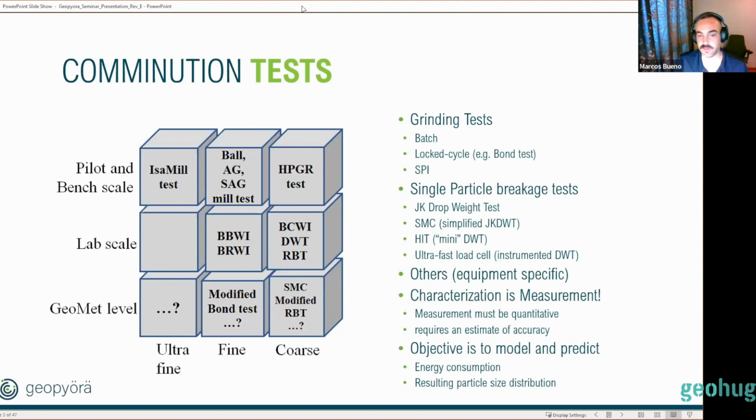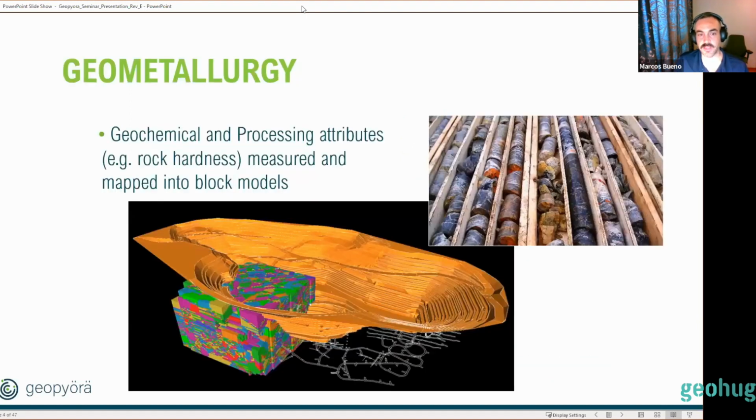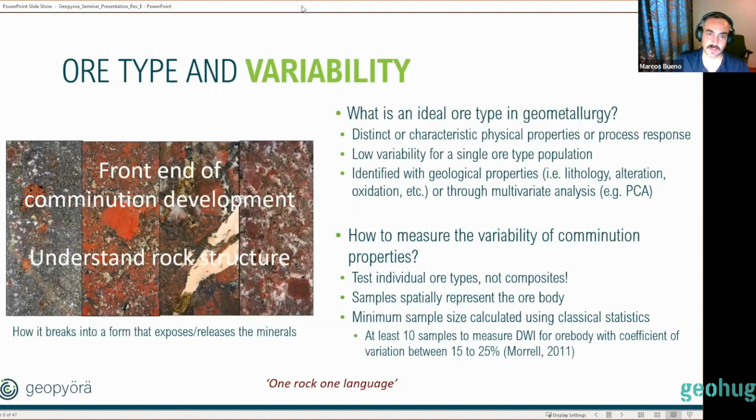We still didn't have a perfect test for geometallurgical testing, and that's what we strived for when developing Geopyörä, because the whole idea is that we would be able to model in a block model, with high spatial distribution resolution, rock hardness properties, something that's not really done today. You model grades really well, but you don't do that with hardness properties.